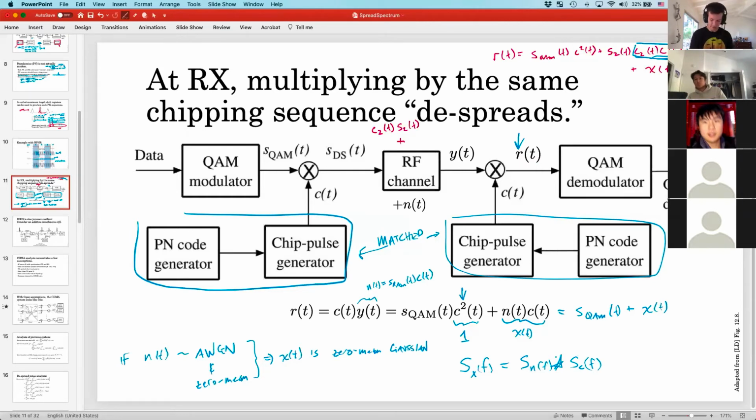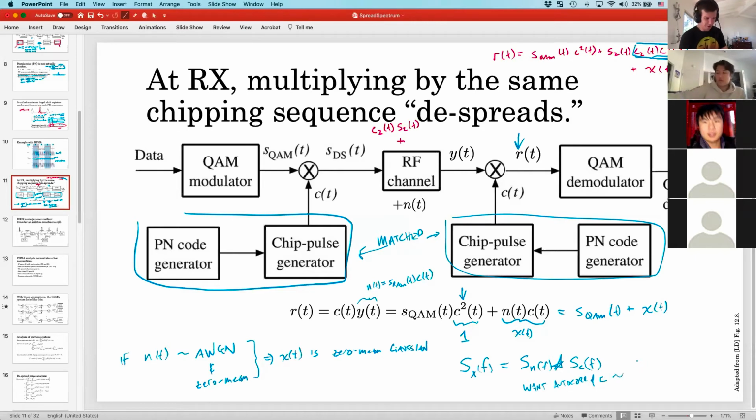And so the idea is that this is a kind of short argument for you to choose your spreading code, your C of t, such that you're taking an additive white Gaussian noise process and making another white Gaussian noise process out of it. This can be accomplished if you make your autocorrelation, so we want the autocorrelation of C to be something like an impulse.